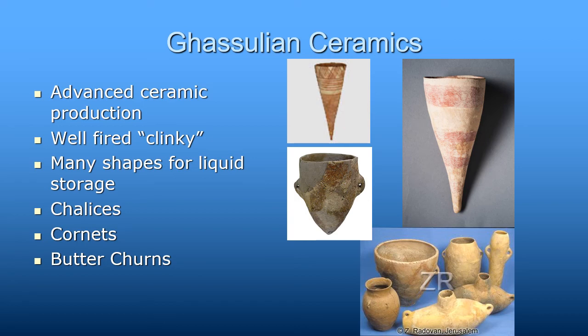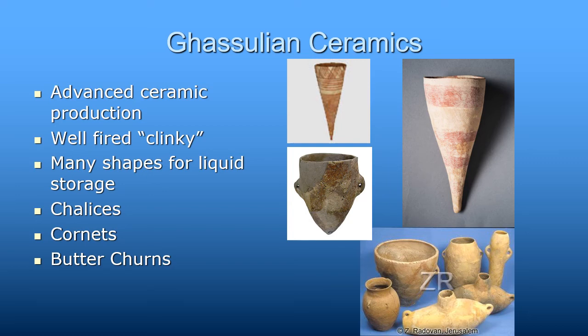So with the Chalcolithic culture, we have our first well-developed ceramic assemblage in the southern Levant. Sites along the Nahal Sheba had pottery making technology that was also really quite advanced, being well fired, almost hard and clinky, and that's the result of good pyrotechnological skills.